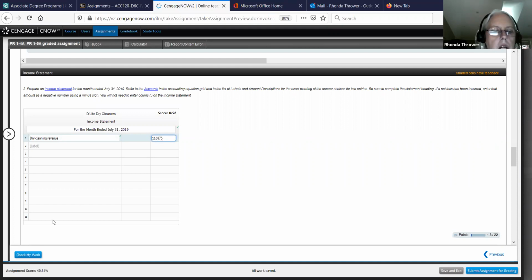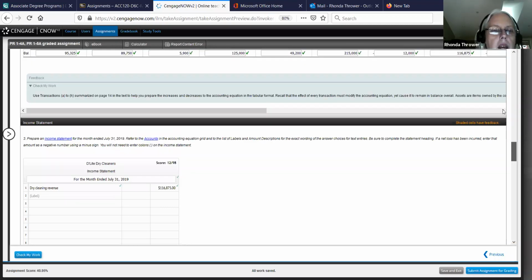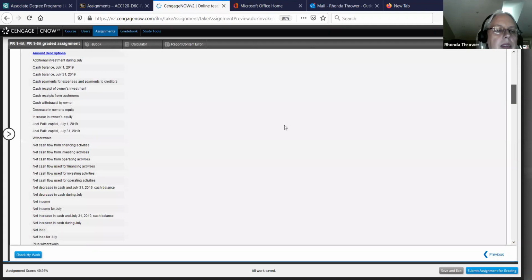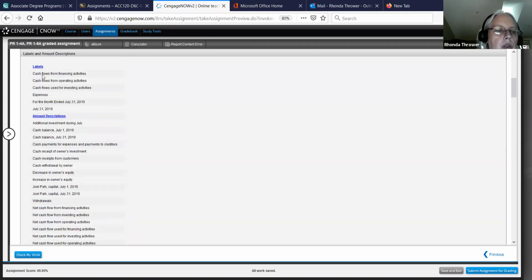And again, you can check your work as you go. Notice here it's asking for a label, and the labels were given up there on the tabs. This is a label right here. We're going to choose from this list right here. And what we've got is expenses.